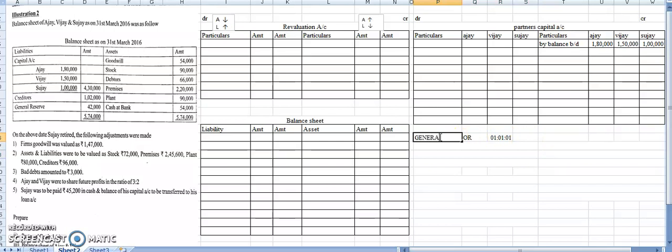So general reserve, then amount of general reserve, then we will distribute for each partner.